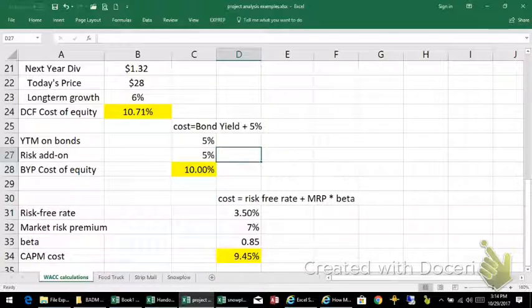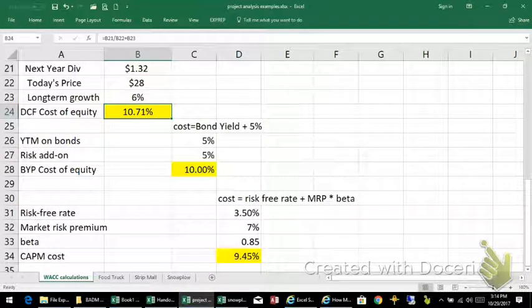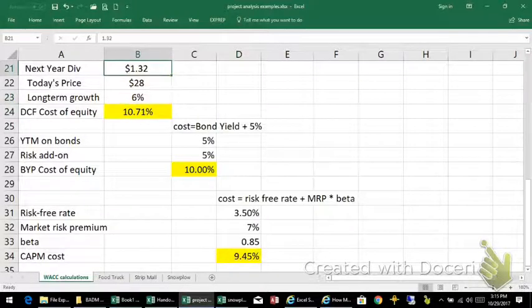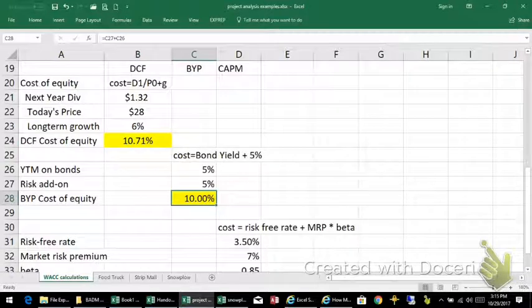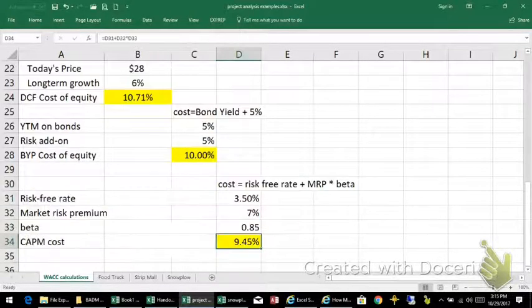A lot of companies don't pay dividends or don't have stable dividends, so they perhaps can't use the discounted cash flow. And the bond yield plus method is a good check number against whatever you come up with the CAPM. But the CAPM tends to be the one that more people use. Not that it's more accurate, it just tends to be the one more people use because it makes sense.